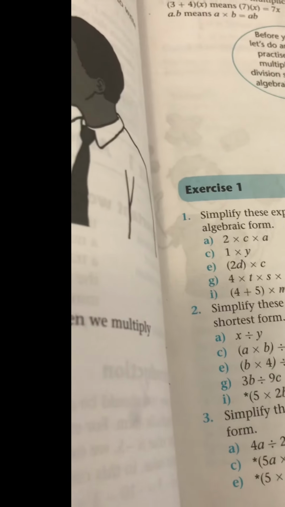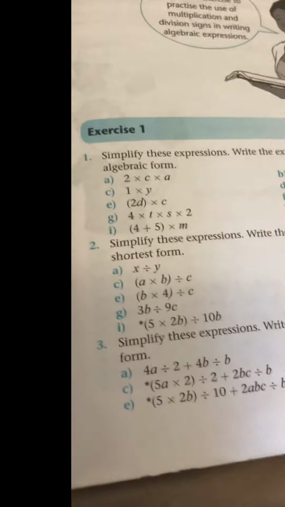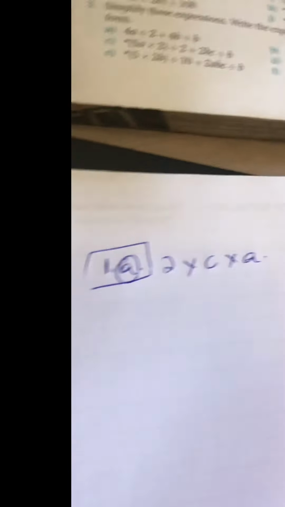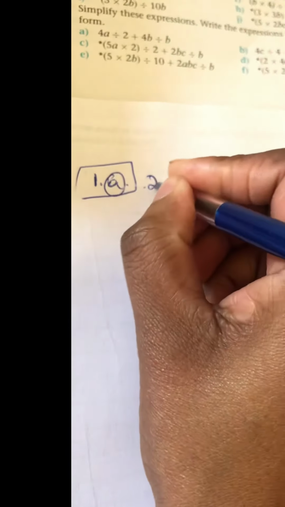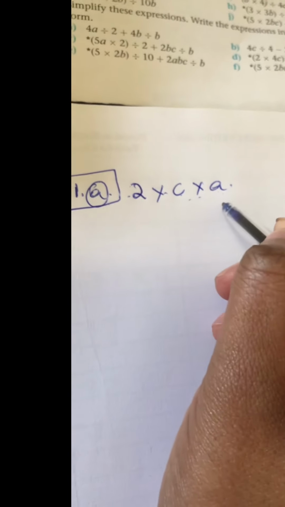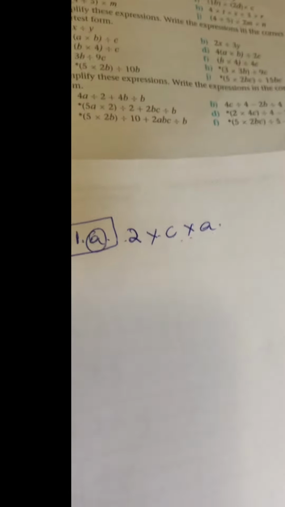So if we go to exercise 1.a, which says 2 times c times a. I'm actually trying to write it on the other side. If you multiply this, because c and a are two different alphabets, you can never square them.